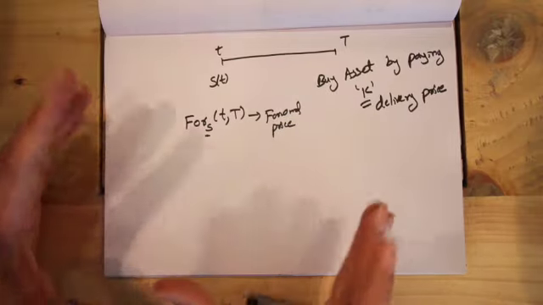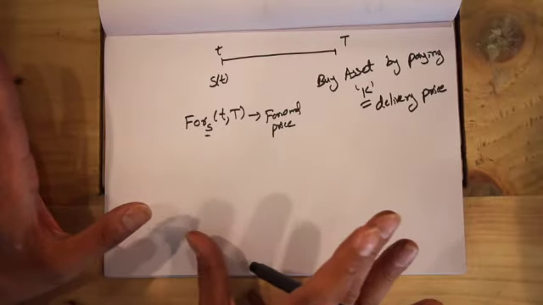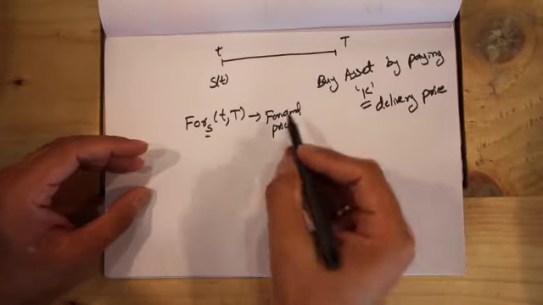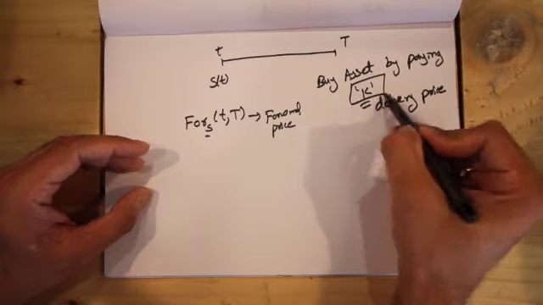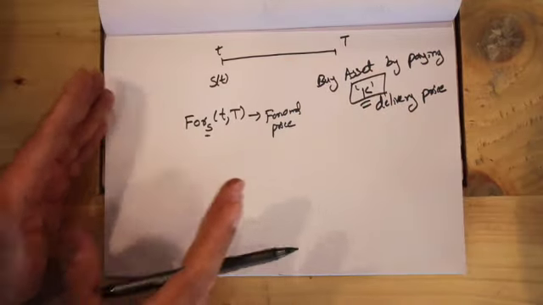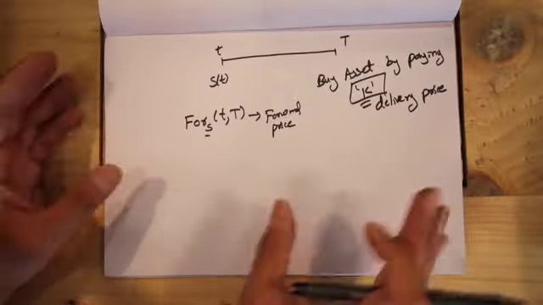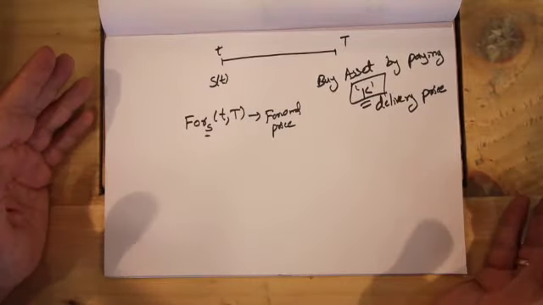This is not the value of the forward contract. This is the forward price, or in other words, the value of the delivery price that we agree on today. So the forward price is basically the delivery price.